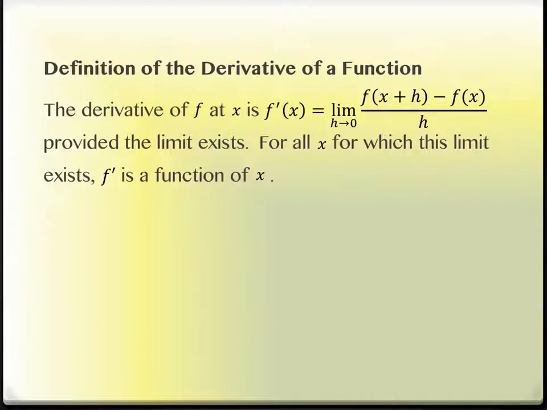You'll notice everything here looks the same, except instead of having c's here, we have x's here. And you might think, so what? You changed a letter. What difference does it make? Well, conceptually speaking, c was a number and x is a variable. I don't know what c is, but it was a number that we were using to evaluate at. And now I'm using the variable x instead.